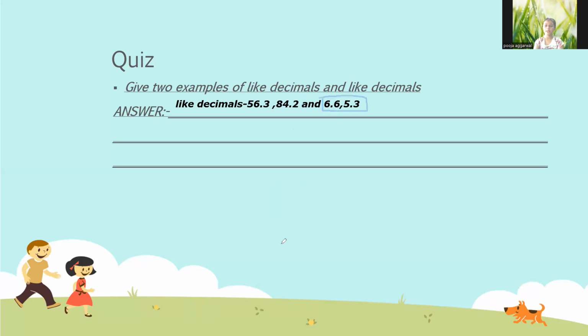Now we also have to give two examples for unlike decimals. So let's give examples for that also. Like we have given examples for like decimals, let's give them for unlike decimals also. Look here carefully.